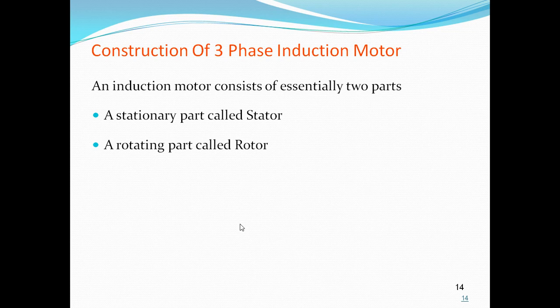Which rotor we use for an induction motor, depending on that we will name the motor. Suppose if you are using a squirrel cage rotor, then we call it a three-phase squirrel cage induction motor. If you are using a phase wound rotor, then we call it a three-phase wound rotor induction motor.